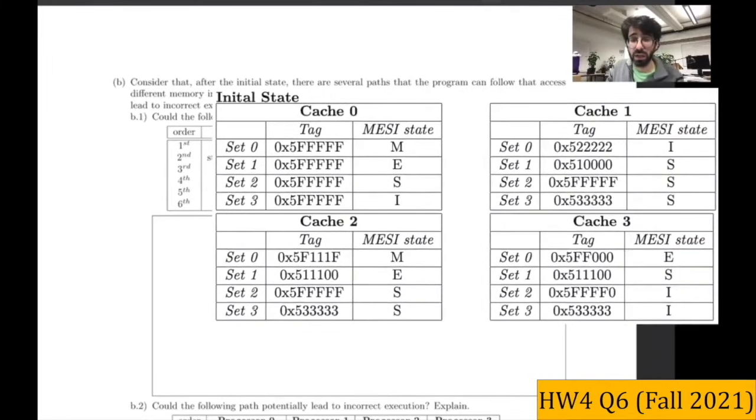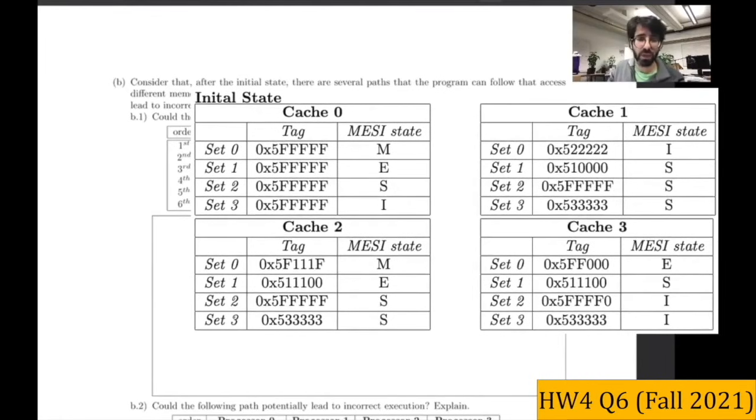So set 1, and we are accessing in processor 2. So we're accessing the cache line that is affected by the cosmic rays, right? So we are reading this line here that is in exclusive state.